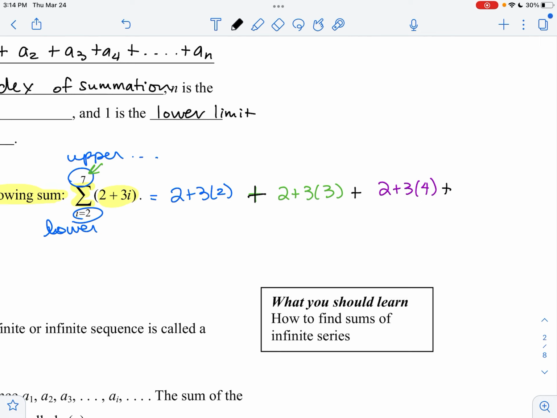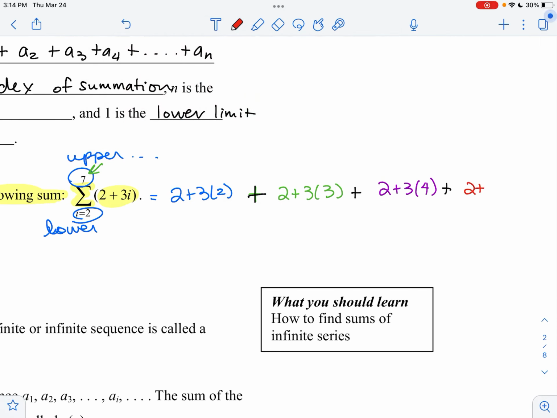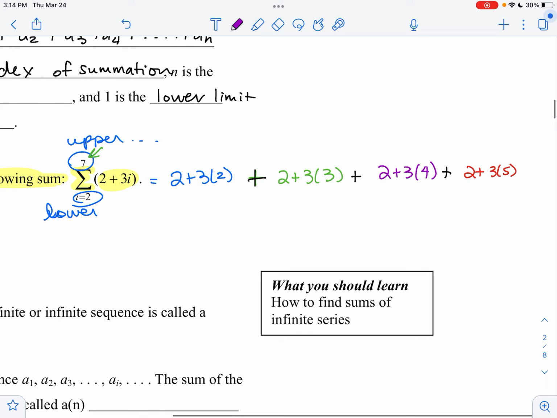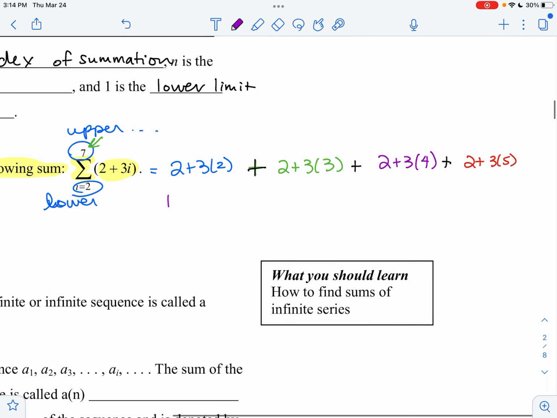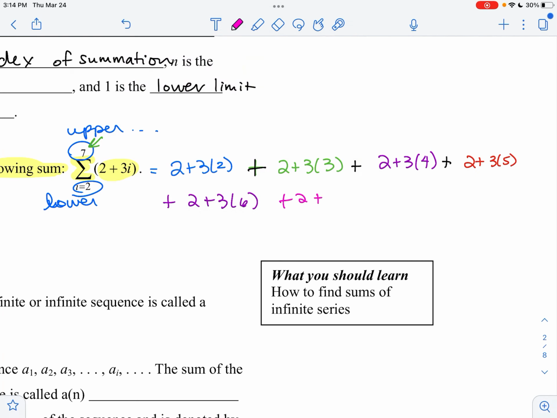We're going to do this all the way up to 7. And then we have 2 plus 3 times 5. And then we're going to add 2 plus 3 times 6 plus 2 plus 3 times 7. So we're going to add these all up.